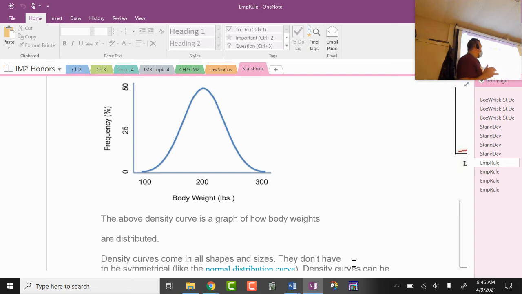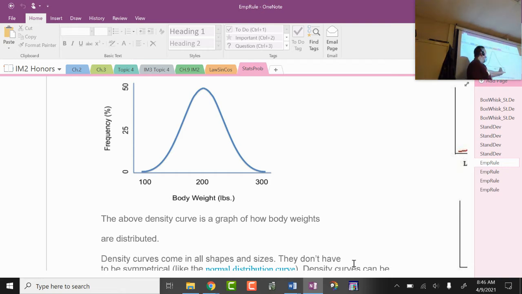So here's a for instance. I think this was weight of males just on average. So the average weight appears to be like 200 pounds for the average male. That's why you see right at the top of this would be called the mode, and actually the median and the mean. This is a situation when you have a normal curve, this perfect bell curve, which doesn't always have to happen.